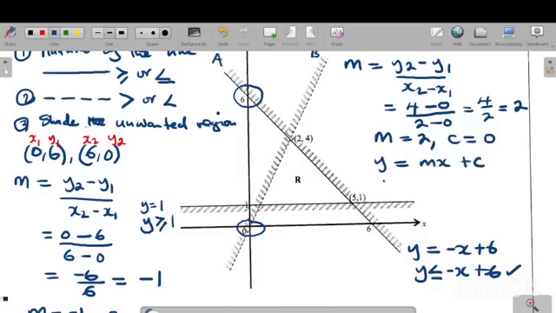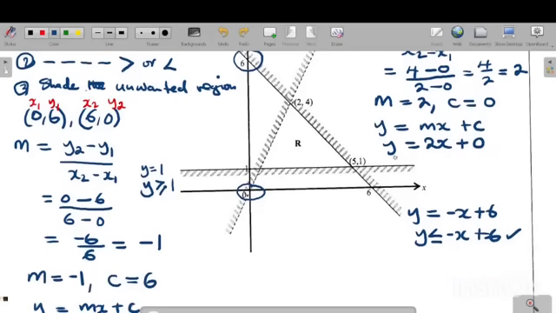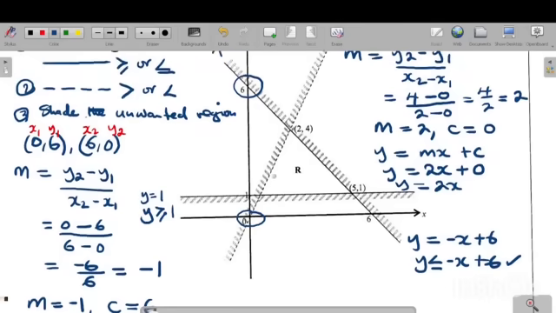So y is equal to m, which is 2, times x, so we have 2x plus 0. C is 0. Then you finally have y is equal to 2x. This 0 is dropped out. So this line here has the equation y is equal to 2x.